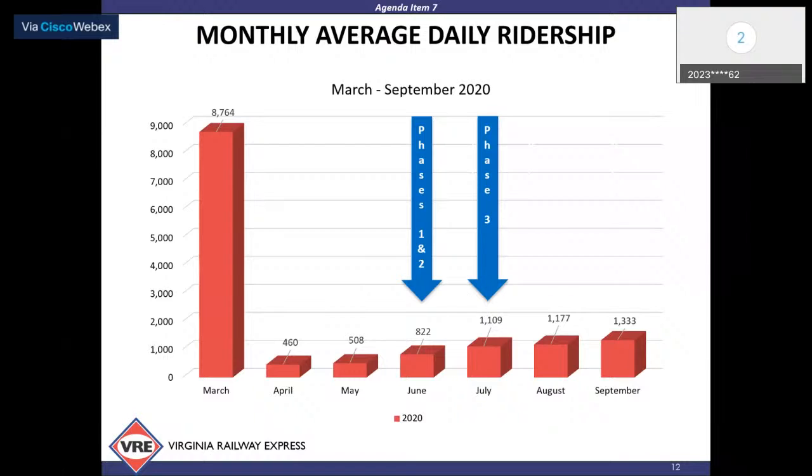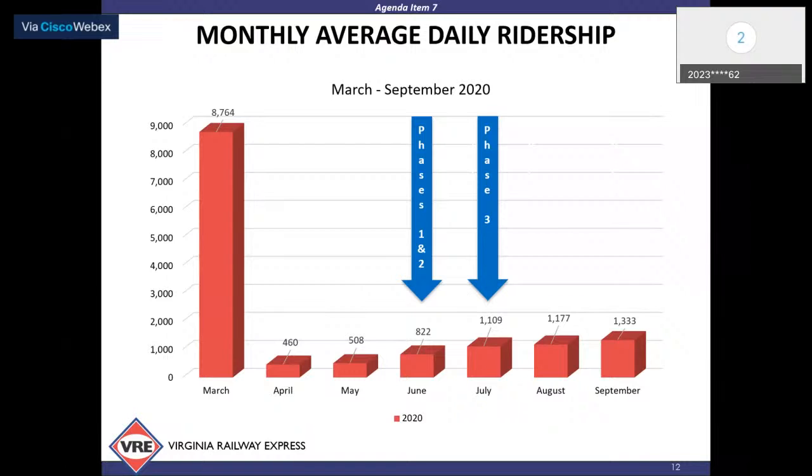We've elected to not operate the day after Thanksgiving and on Christmas Eve. Even pre-COVID, the ridership levels are very low. And of course, if we continue in this trend, our ridership on those two days specifically will be next to nothing.